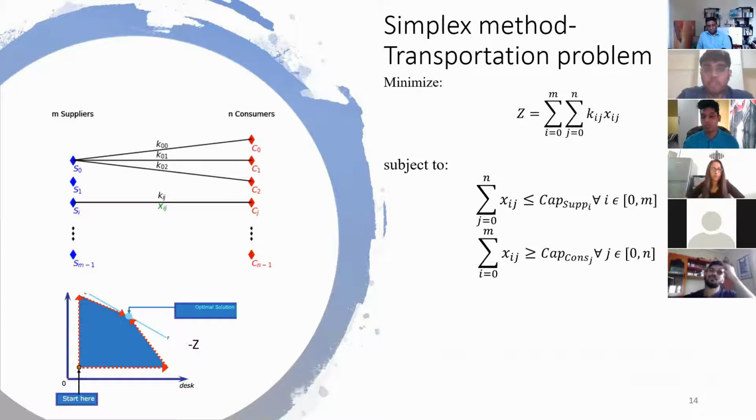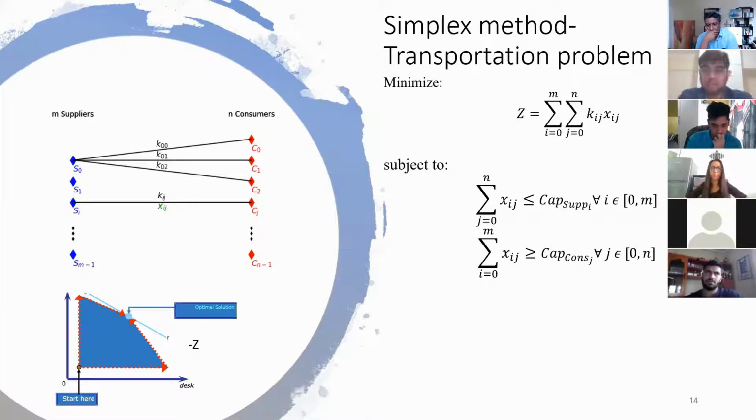So for the transportation problem, you have Z being the objective function value, and you have an edge xij, which is a pairing between a supplier and a consumer. Kij is the weight of that edge, which is a function of the transportation costs.